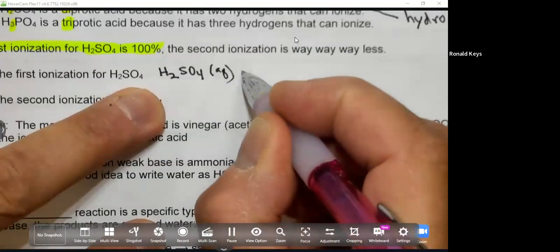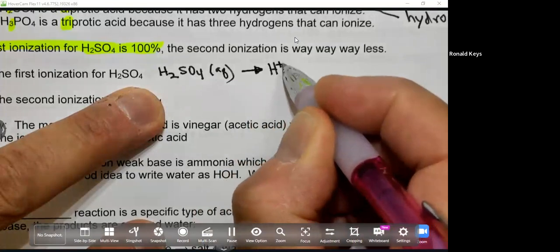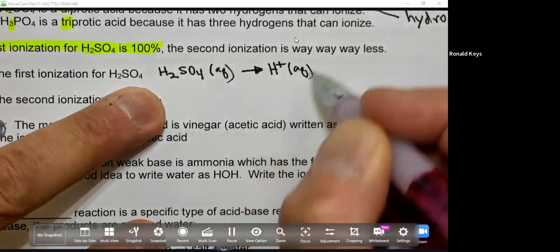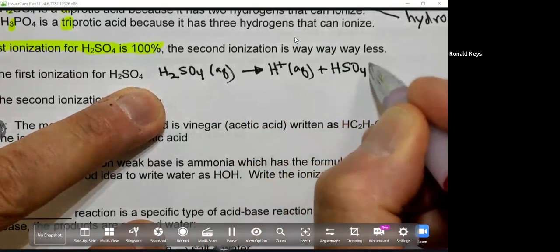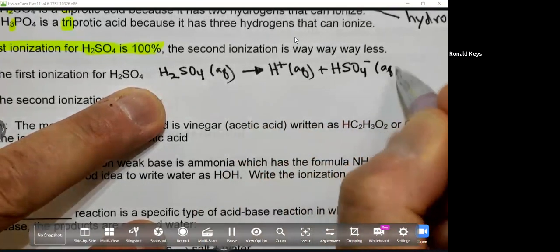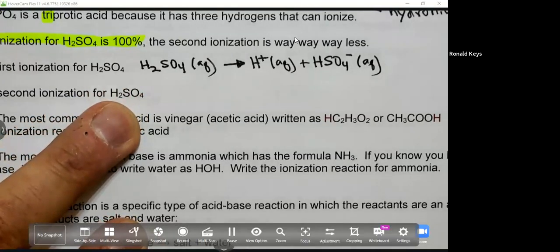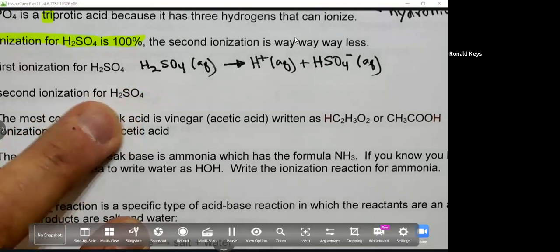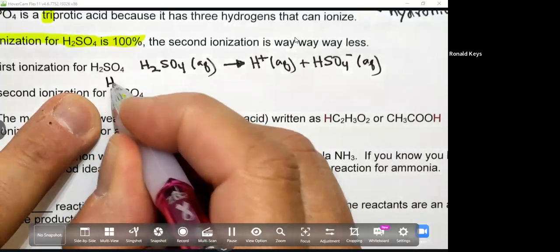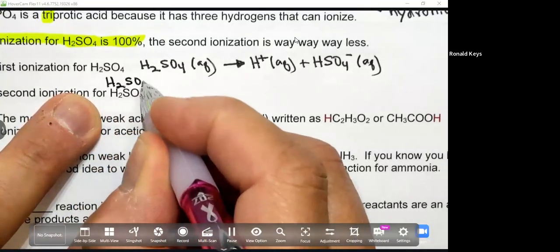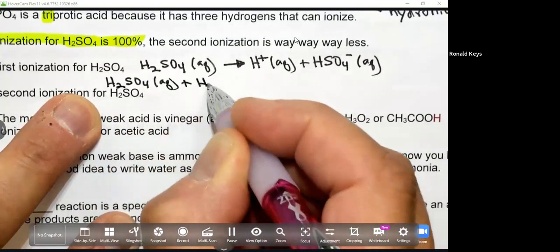If we did it the easy way, plus aqueous, and we are going to have HSO4 minus. Otherwise, H2SO4 aqueous plus H2O liquid.